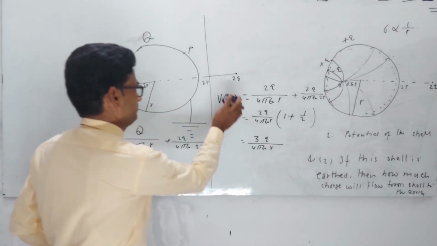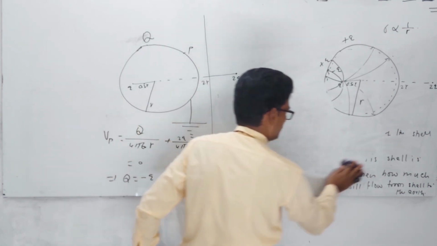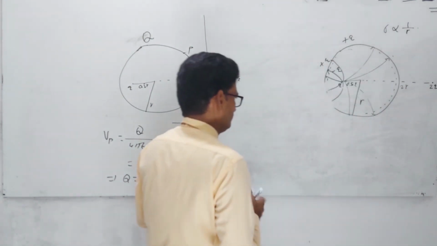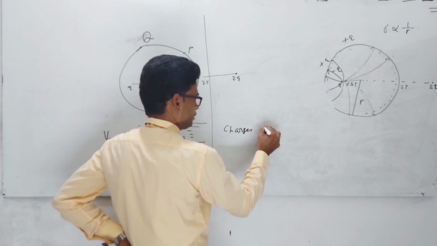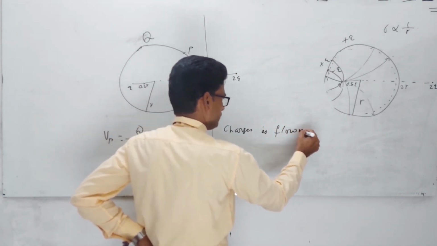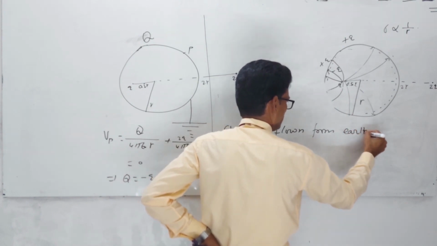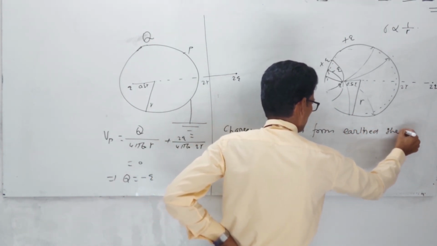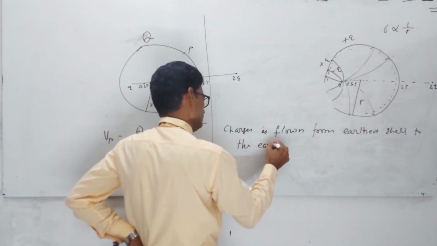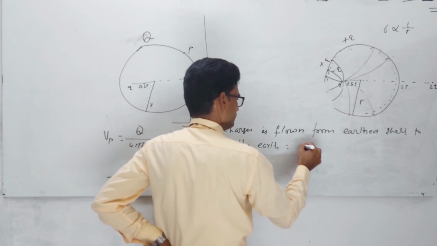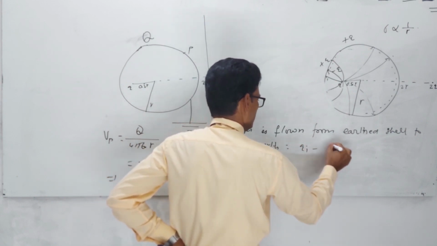Charge flown from shell to the earth is equal to Q initial minus Q final.